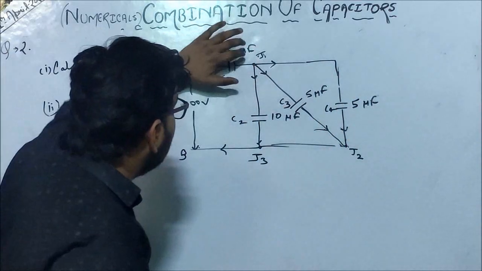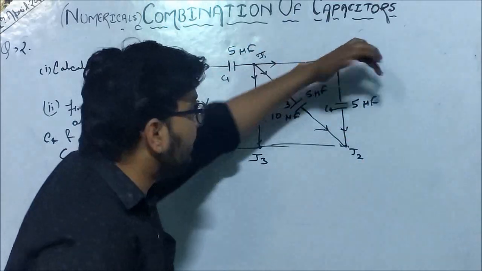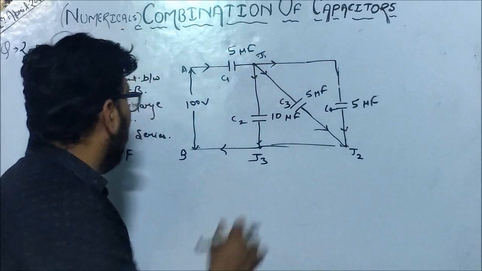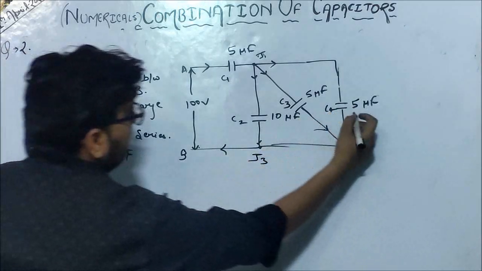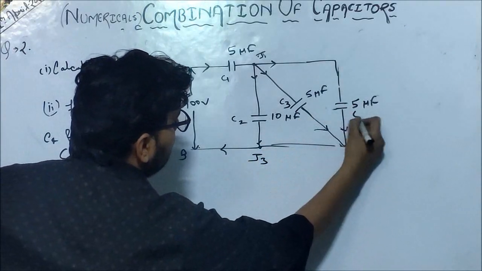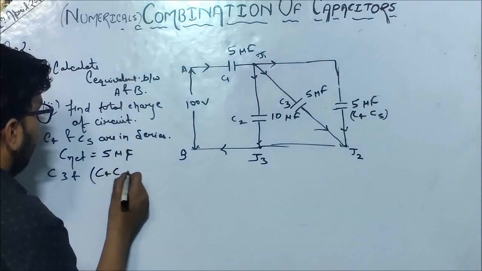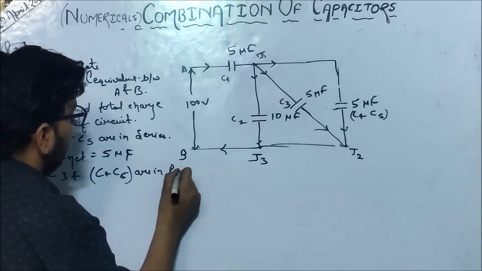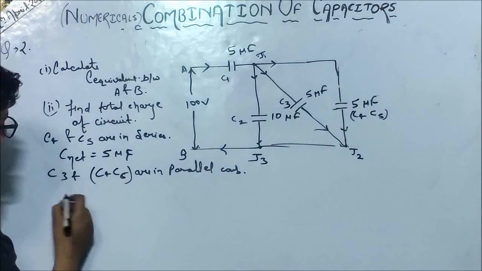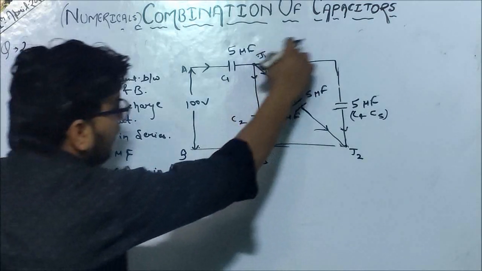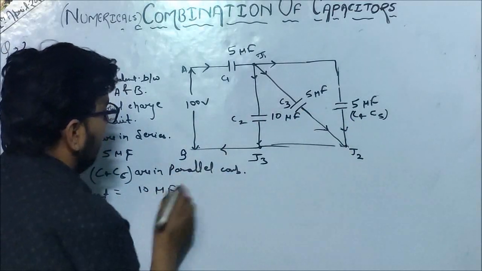Now, this branch and this branch consist of only one capacitor, and those capacitors will be added in parallel combination. So C3 and C4 C5 are in parallel combination. So the C net of these two branches will be equal to 5 plus 5, 10 microfarad.